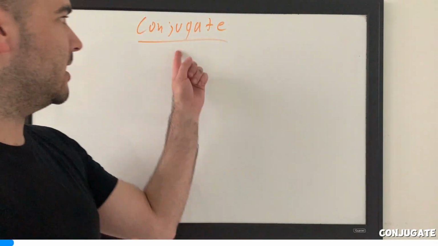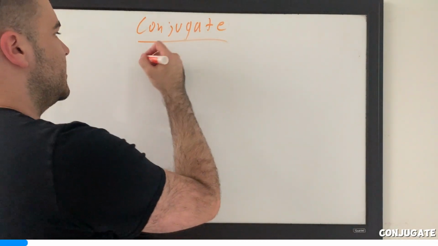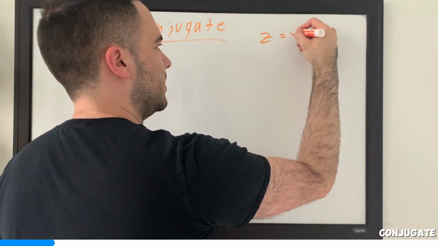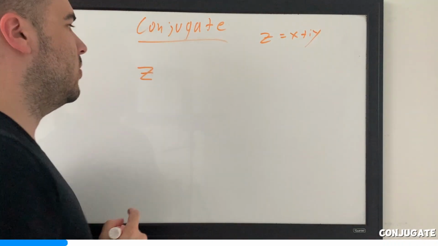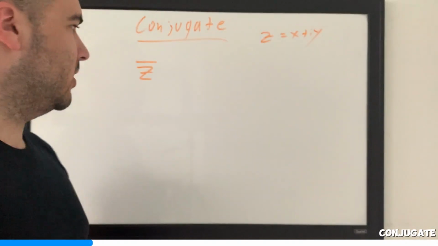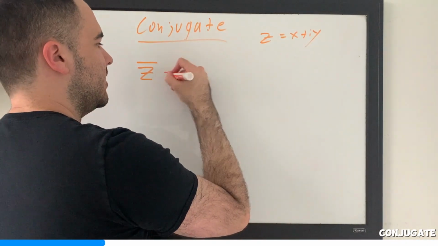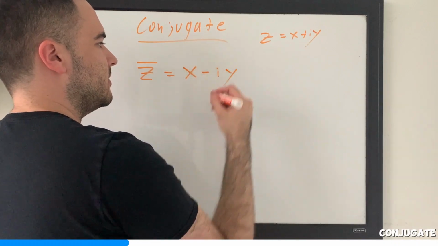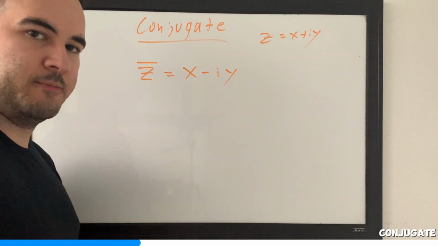Another thing we use with complex numbers is known as the conjugate. And this is the idea of we write our complex number here, I'll keep above that this is x plus i y, and put a horizontal line above it. And what this basically means is that instead we're going to flip the sign between them. So we get x minus i times y.